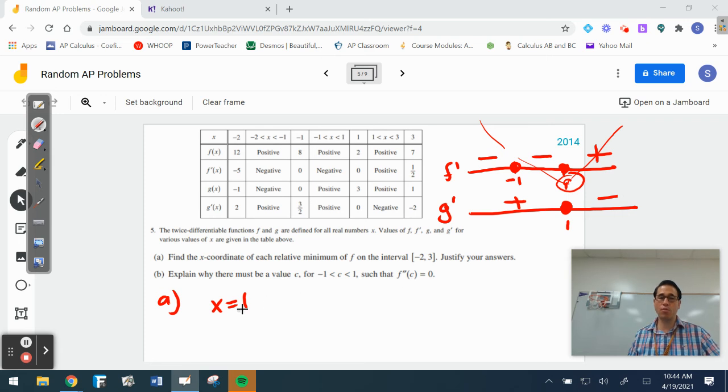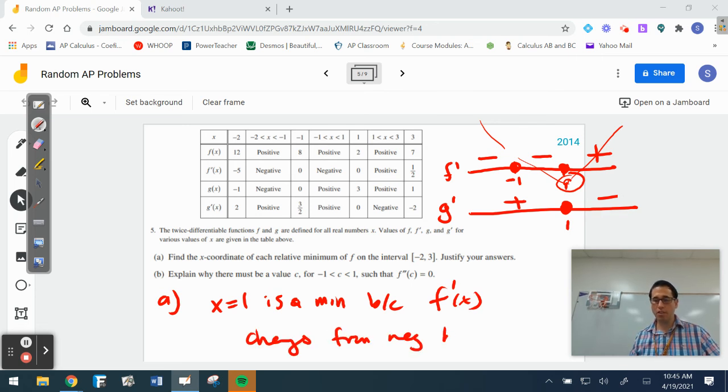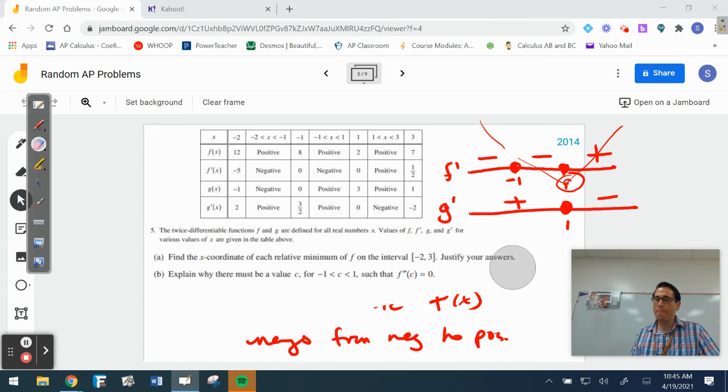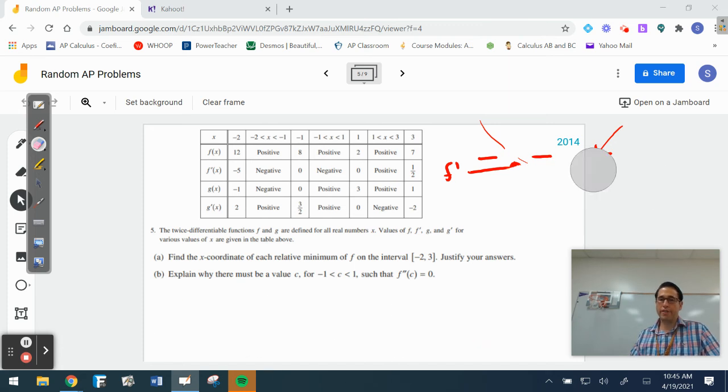The justification would be x equals 1 is a minimum because f prime of x changes from negative to positive at that value. You can't just say, hey, look at my sign analysis. You have to make sure you explain it appropriately. And that was only worth a point.